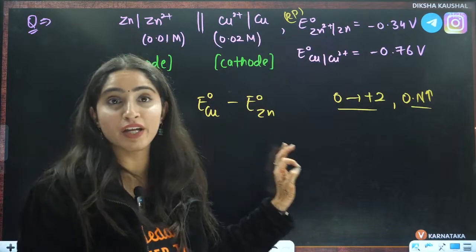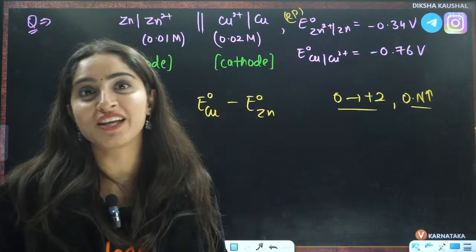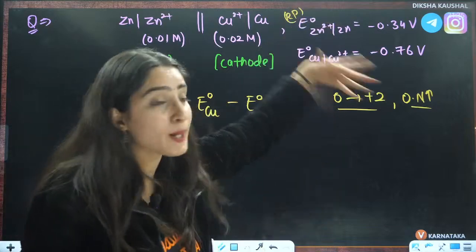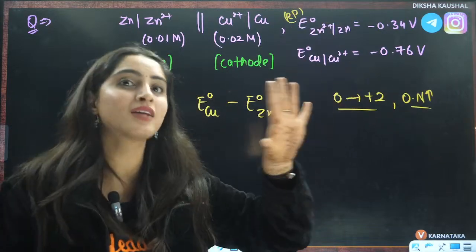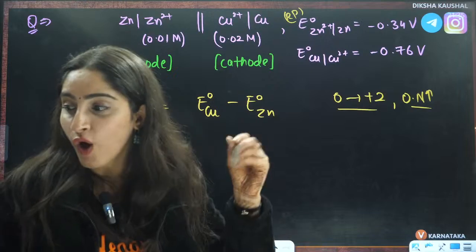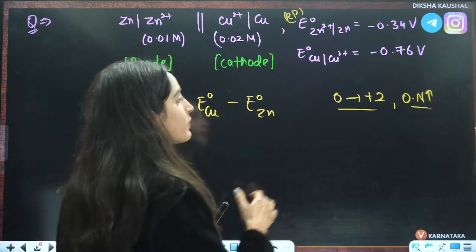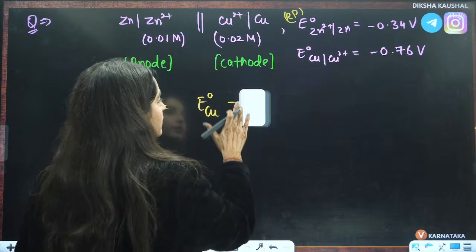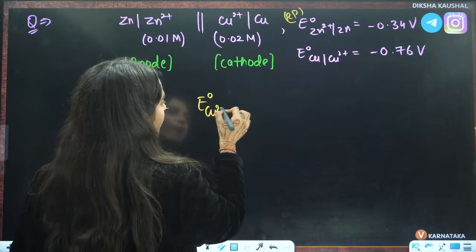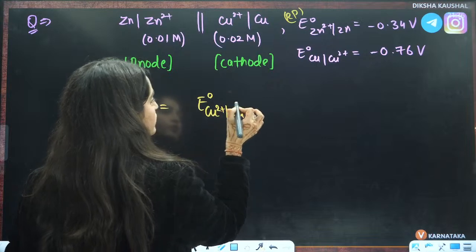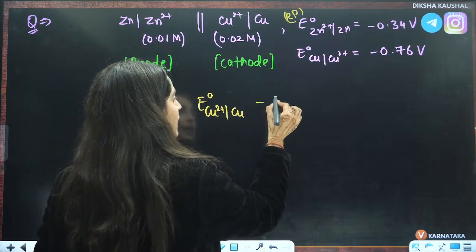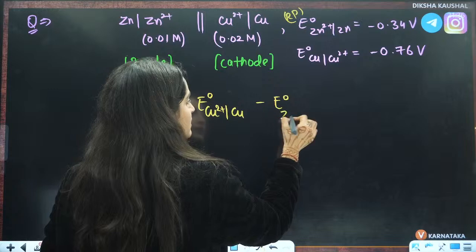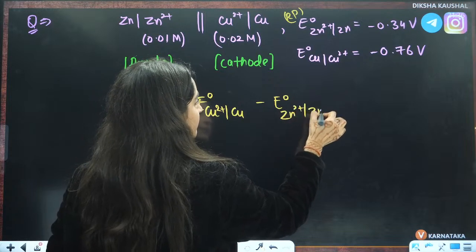So they have given you oxidation potential. That means if you directly apply this formula, then the answer will turn out to be wrong, right? So here, this should be Cu2 positive to Cu, because we want to decrease the oxidation number, and minus E naught of Zn2 positive to Zn, right?